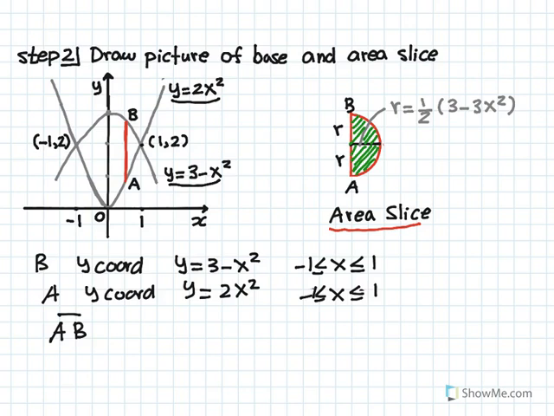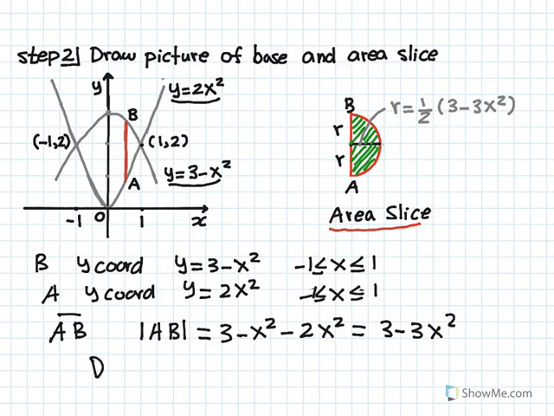The length of AB is the length of the diameter of the semicircle. It is the top y value, which is 3 minus x squared, given by the y value of B, minus the bottom y coordinate, which is given by the y coordinate of A, 2x squared. And we're going to get 3 minus 3x squared.